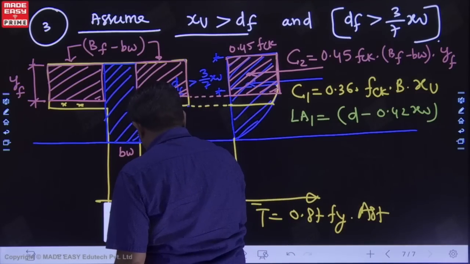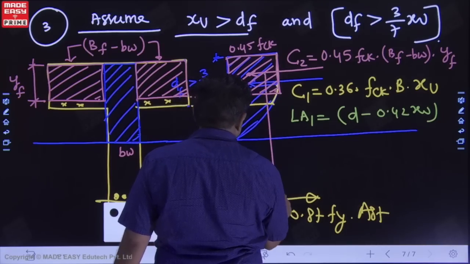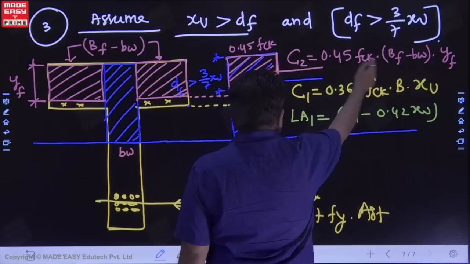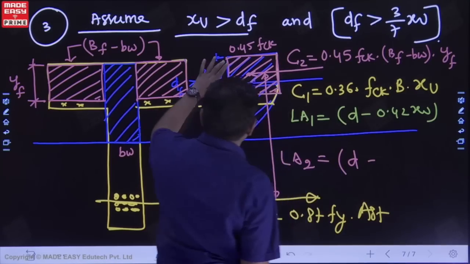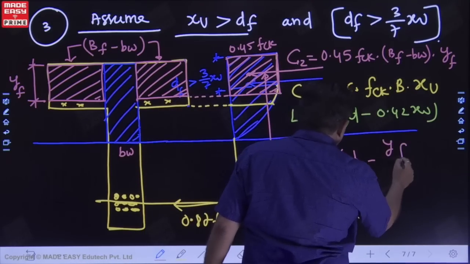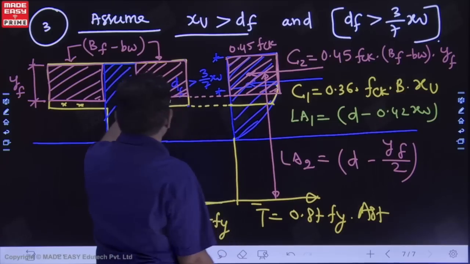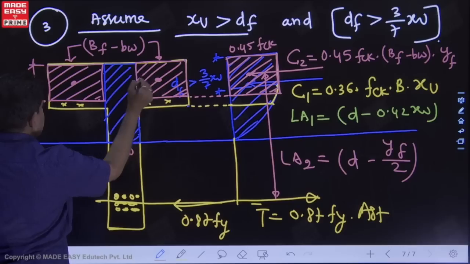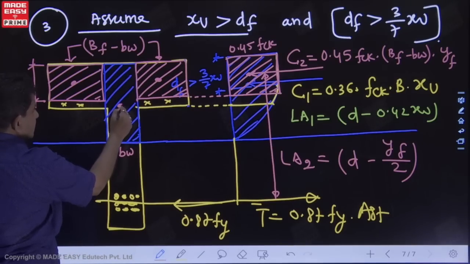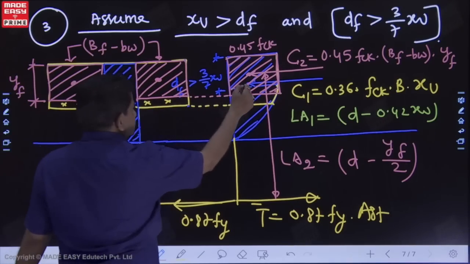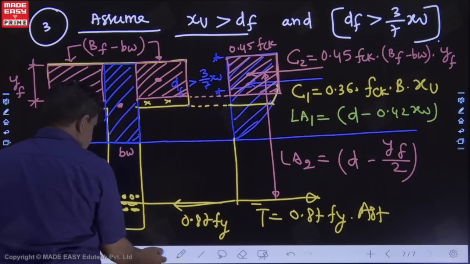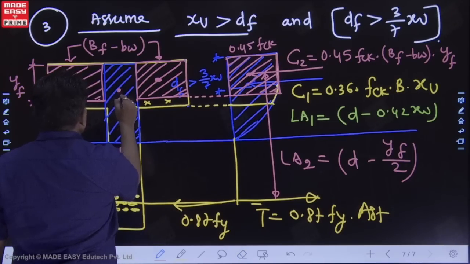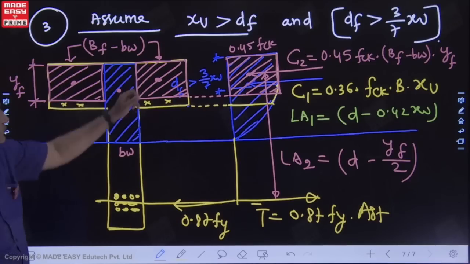And what will be lever arm 2 for this pink portion? Lever arm 2 will be D minus YF divided by 2, because the C2 force will act at the CG of this portion here and here, and the C1 force is acting over here, at the CG of this stress diagram somewhere up, maybe here. This is C1 and these two are C2.